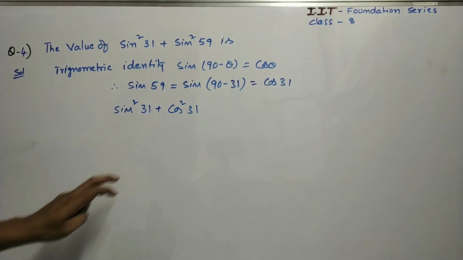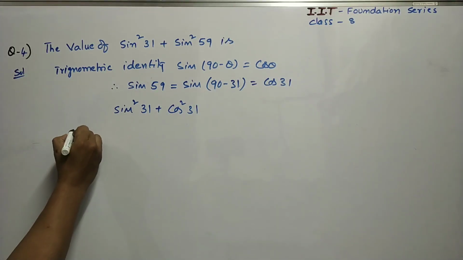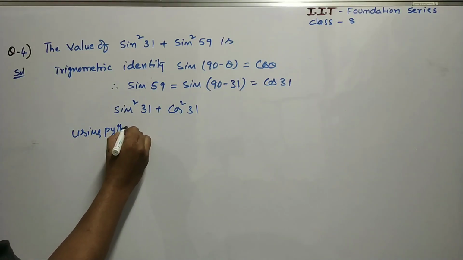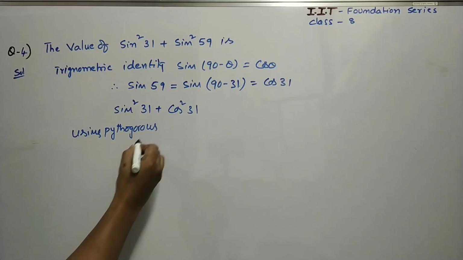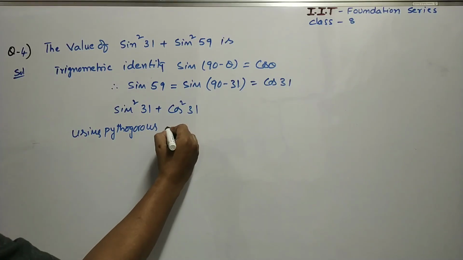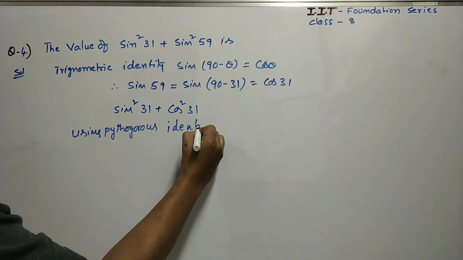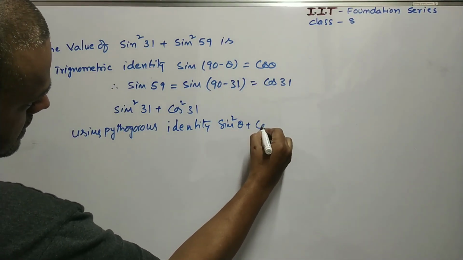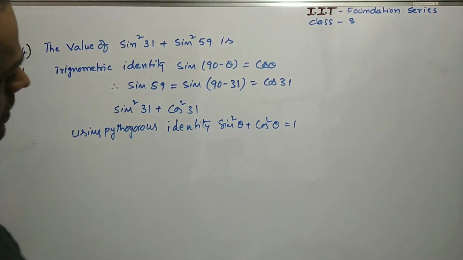Okay, now using the Pythagoras identity. What is that? Sine square theta plus cos square theta equals 1.